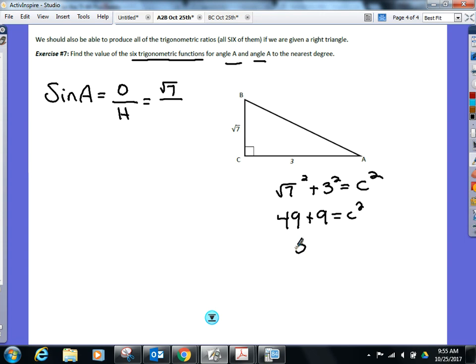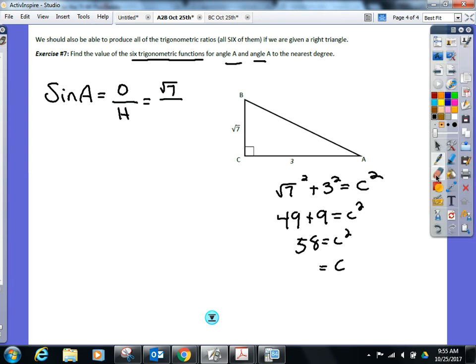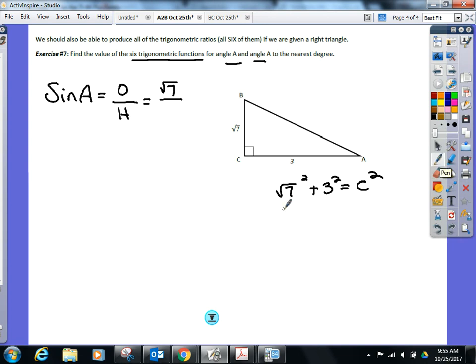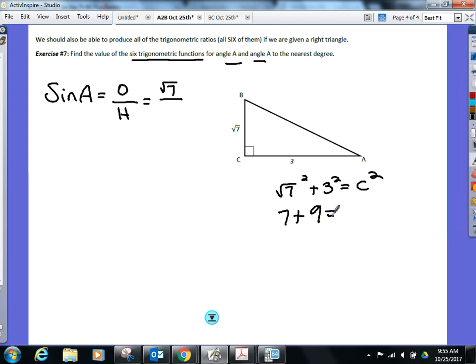Ooh, 58. Yikes. That is not. No? Oh, never mind. Woo. I know, even the great ones make mistakes right there. Even the great ones. Totally rattled right now. 7 plus 9. There we go.